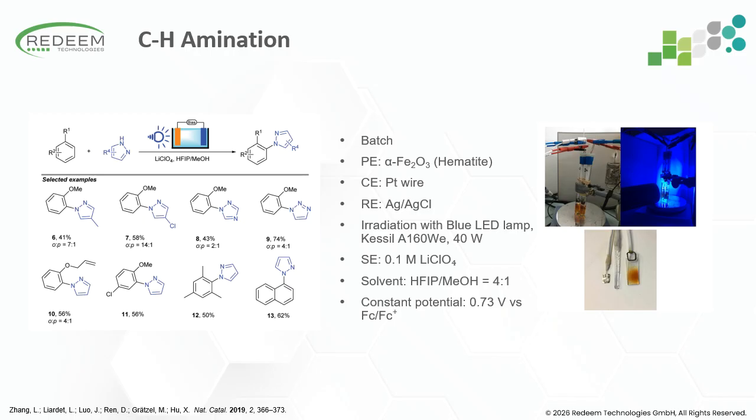You can see even here in the picture that they just use basically a test tube, where they have the alpha hematite photoanode, the platinum wire counter electrode, and the silver chloride reference electrode, and they use a blue light LED for illumination. So again, considerably more sophisticated chemistry, but the same old laboratory scale batch cell.